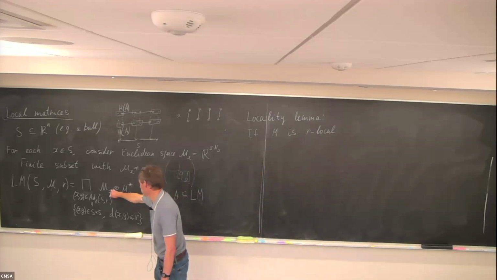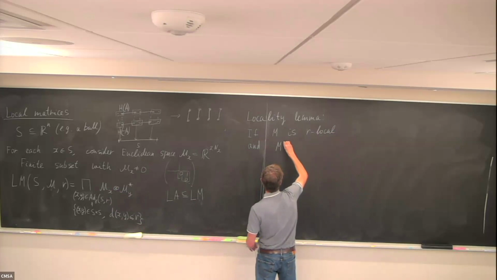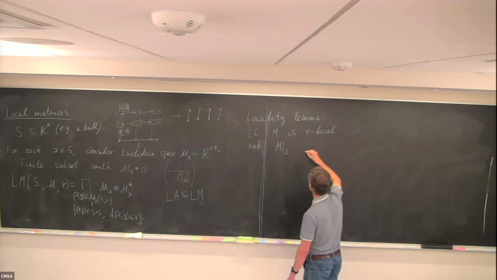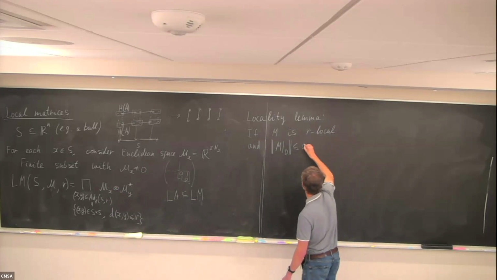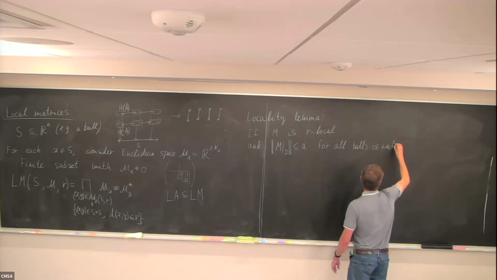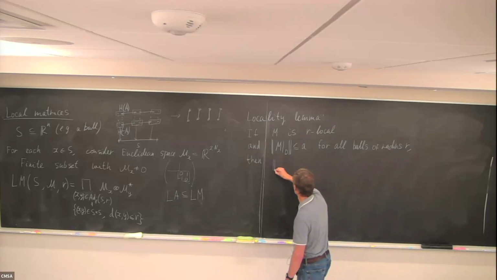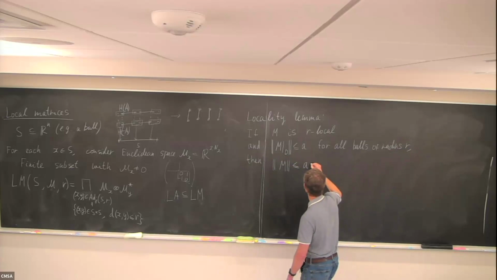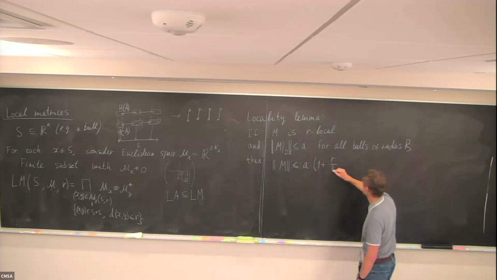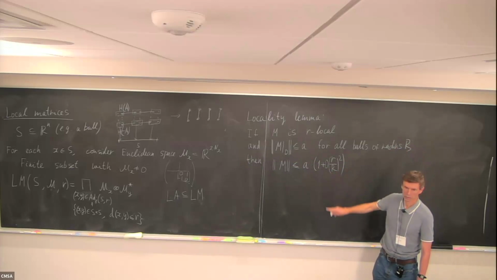R local means belonging to this space, and the restriction of M to subset D, which is a ball of radius R, has a norm bounded by A. Then the norm of M itself is bounded by A times 1 plus R. Should be capital R. And the implicit constant in the big O notation depends on N, the dimensionality of the space.